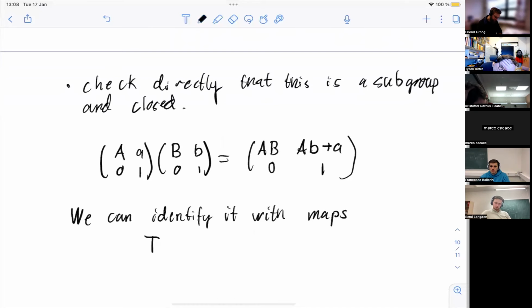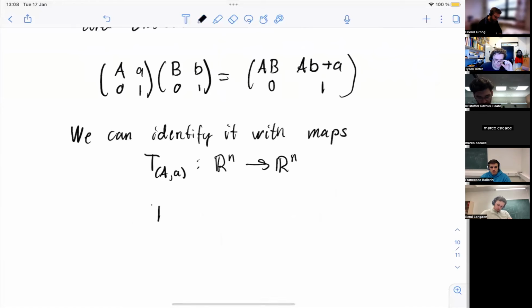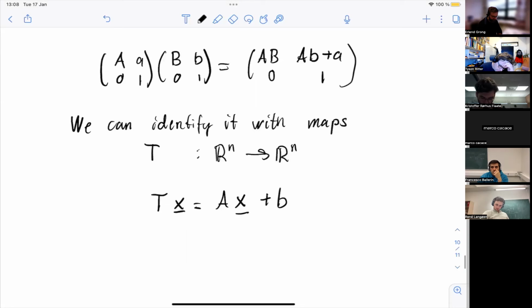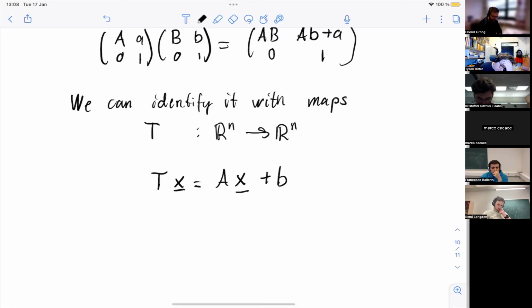I can write this as T_A,a going from R^n to R^n, such that if I have a vector x, then I multiply it to get Ax plus small a.